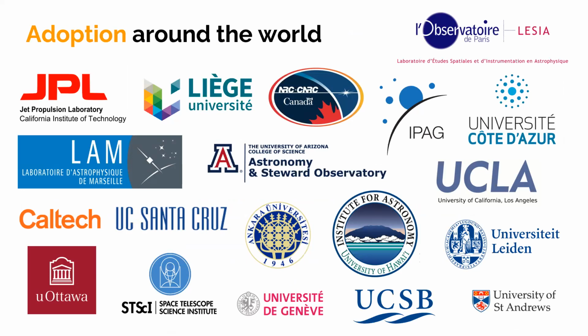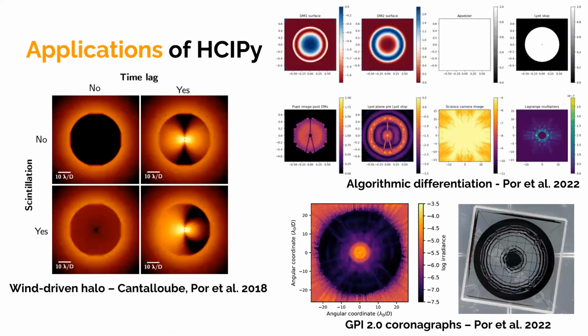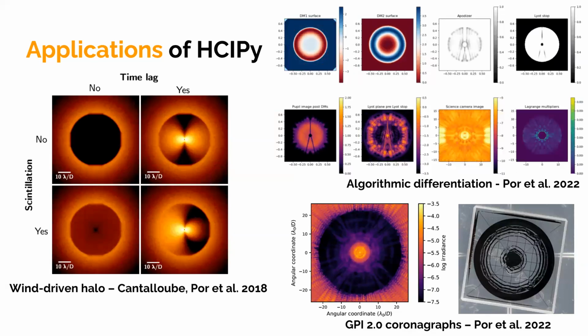So HICAT can do everything from wind and halo simulations, so that's the atmosphere moving across your aperture and your adaptive system responding to that, to using algorithmic differentiation for chronograph optimization on the top right.